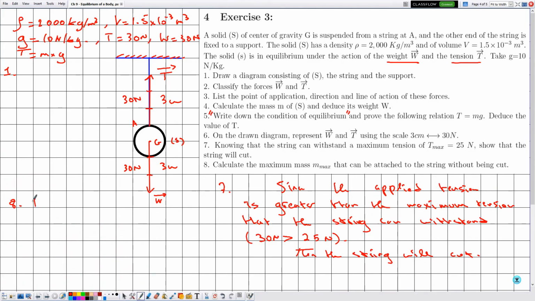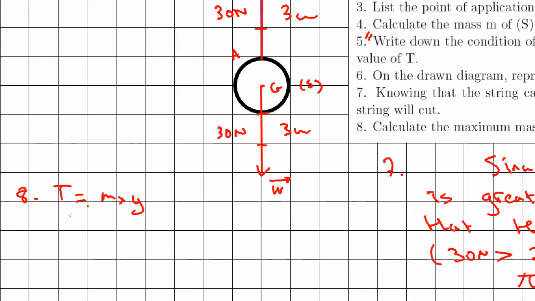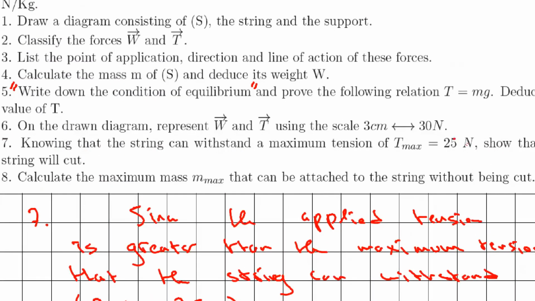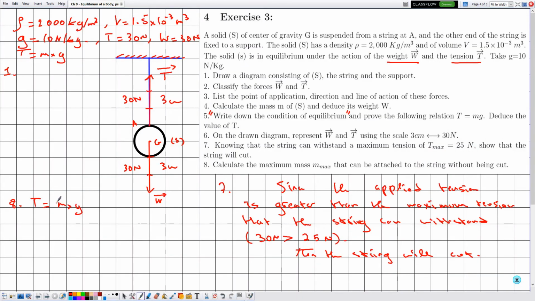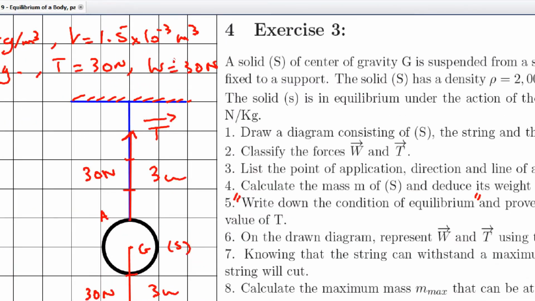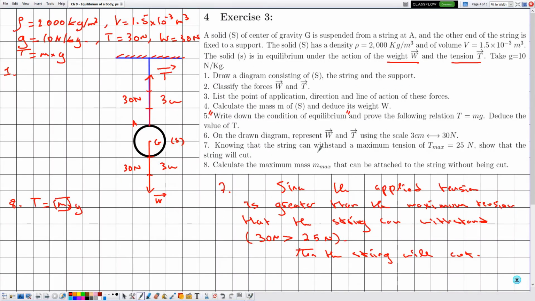So now we know that T is equal to M multiplied by G. So how do we determine M max, knowing that we have T max? We know that M, for example, can be calculated using W, because weight is equal to M multiplied by G.